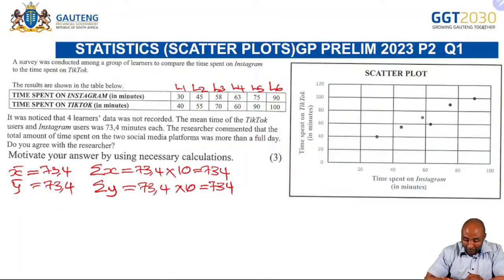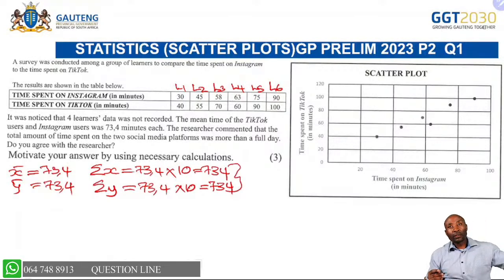Now, we know that in a day, we have 24 hours. So our job is to check whether the time spent on both social media platforms is more than 24 hours or it's less than 24 hours. Then we are able to comment. So we have added that, we get 1,468.